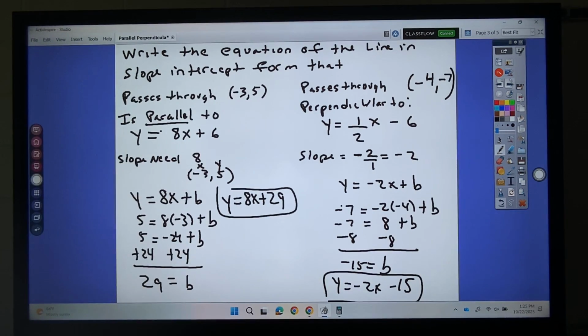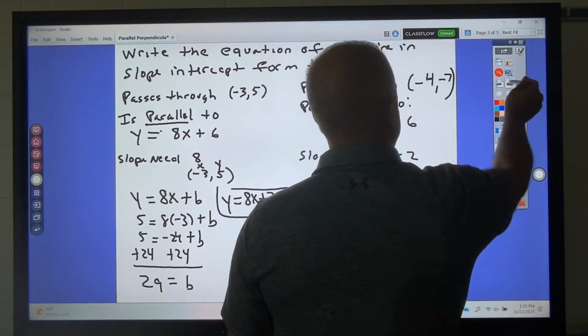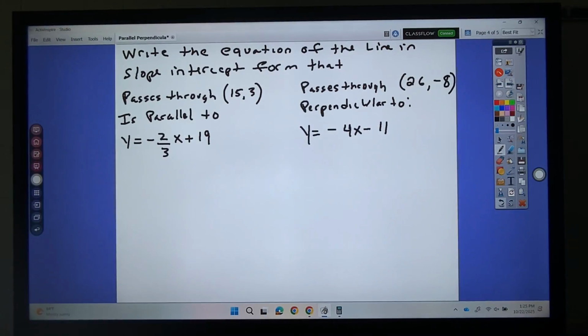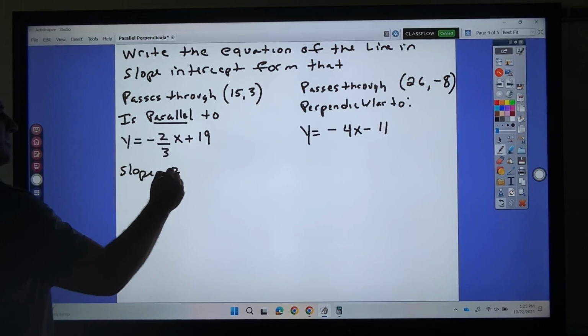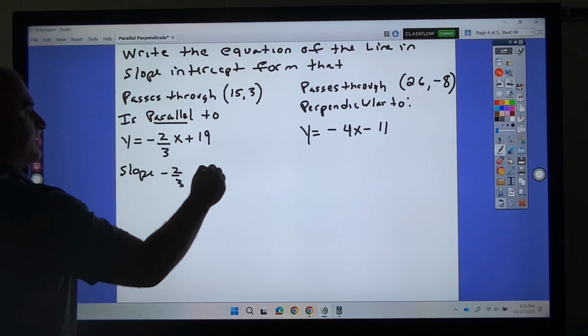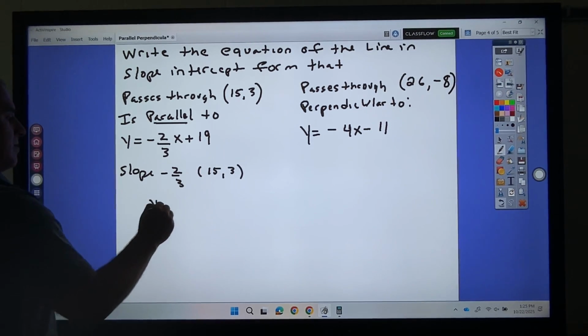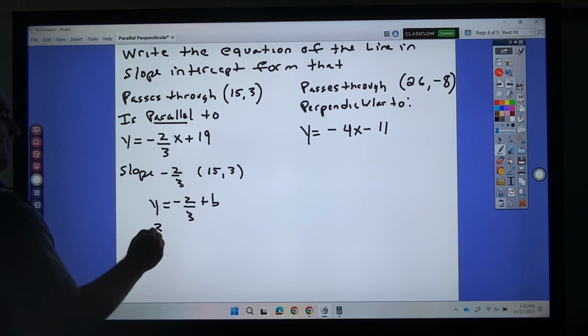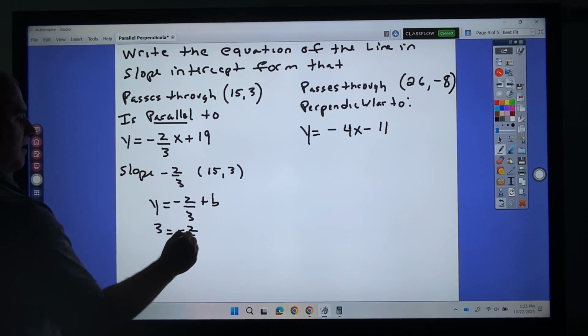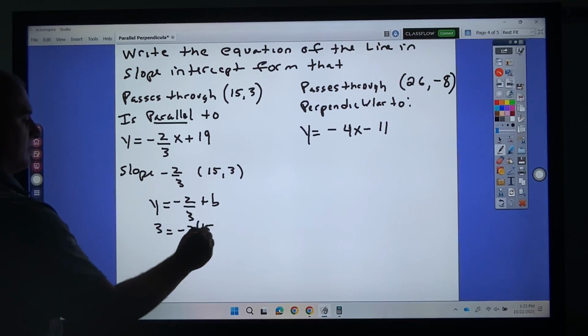Okay, all right. Let's do 2 more like that. So you feel good about it, all right? Passes through this point, it's parallel to this. So the slope I need, if it's parallel, is going to be the exact same. My point is 15,3. So y equals -2/3 x plus b. Put the 3 in for y. Put the 15 in for x.